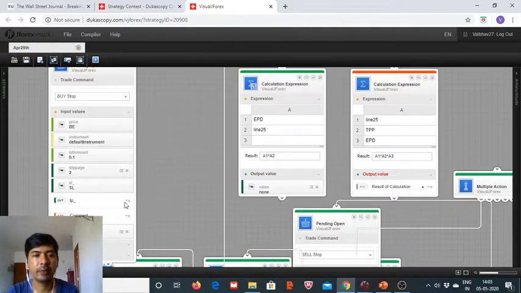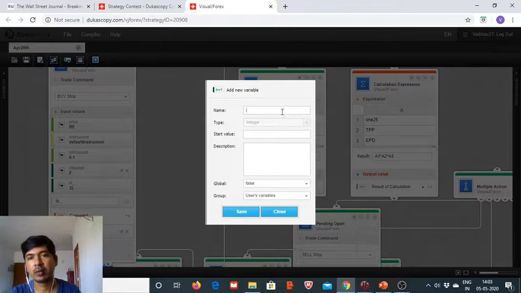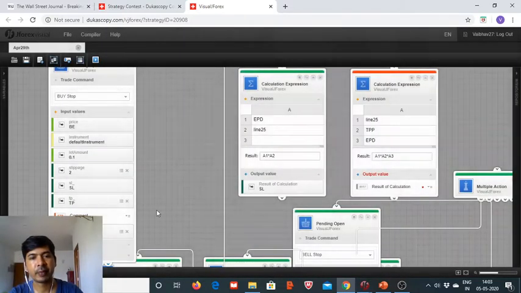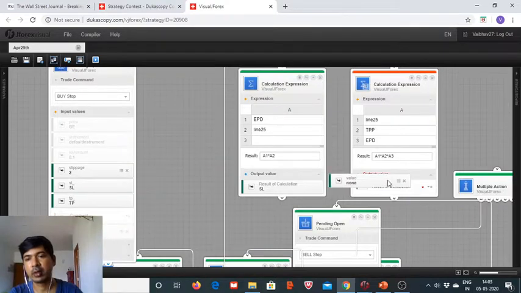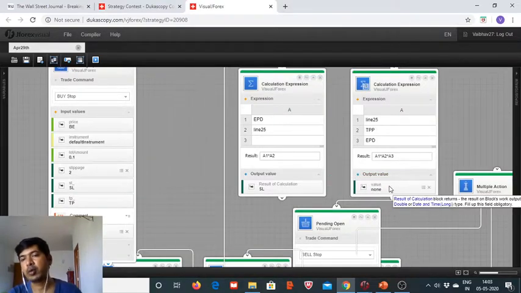We bring it here, then it will be again a new variable of target price TP, and the result of the calculation will be this a1 into a2 into a3.